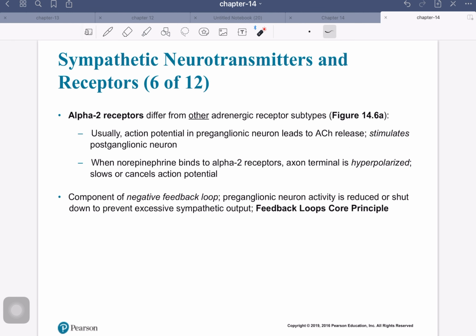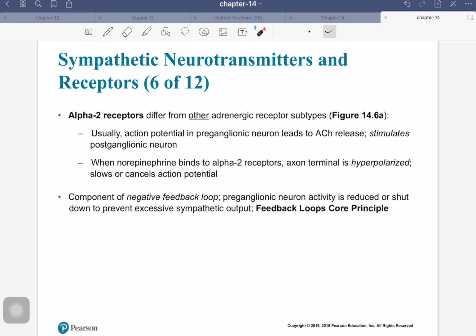So let's just talk a bit about the alpha-2 receptors, because if you were paying attention and started thinking about the list, you notice most of these are about target cells, but there was one, the alpha-2 receptor, which is different than the other adrenergic ones.